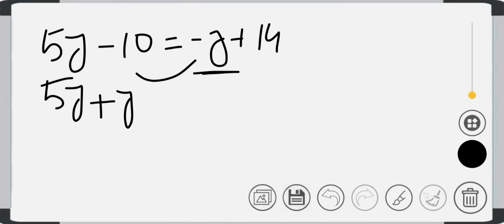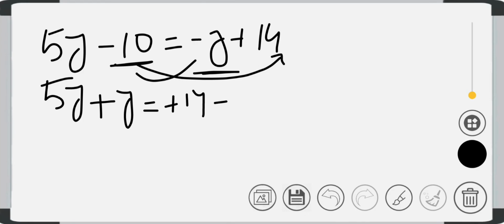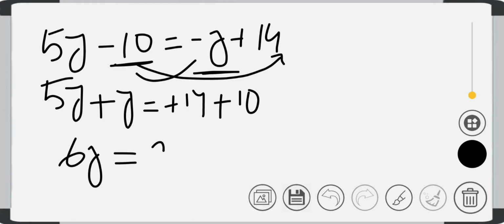And then we're going to transfer this 10 over here, so it becomes plus 14 plus 10. So 5y plus y becomes 6y is equal to 24, because 14 plus 10 becomes 24.